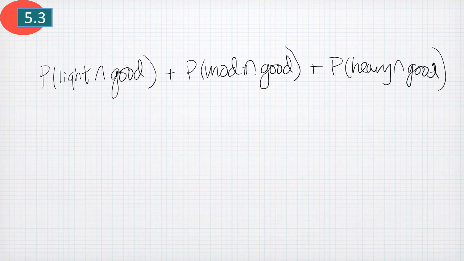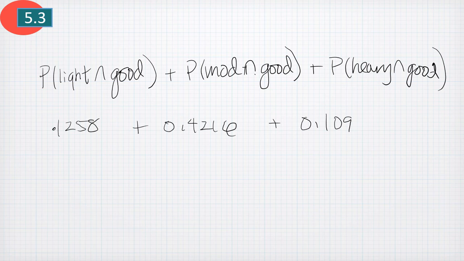And I'm going to add all of these up. So this was 0.1258, this was 0.4216, and this was 0.1092, which equals a total of 0.6566.